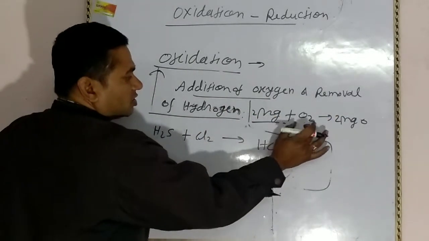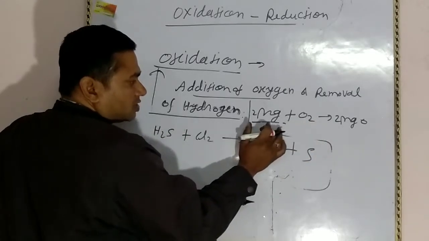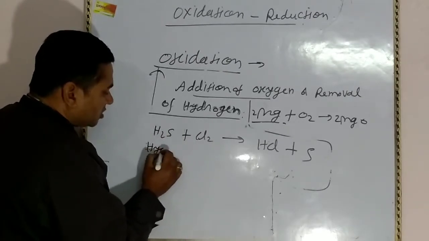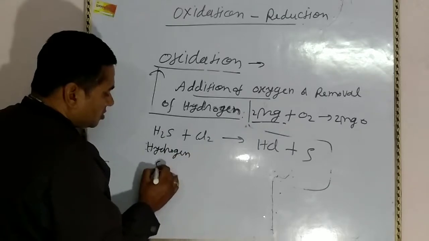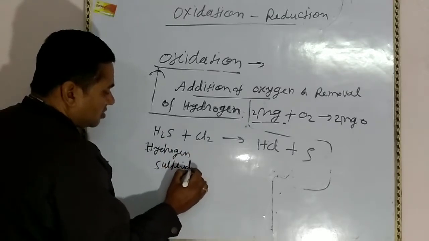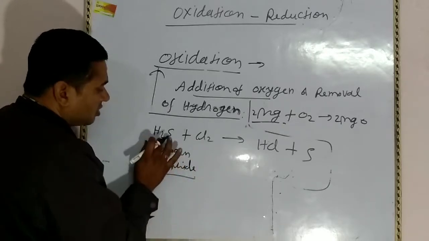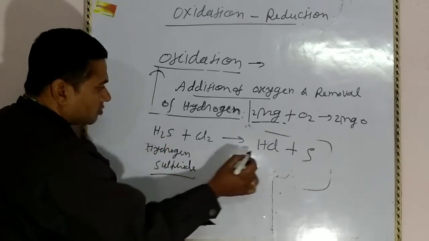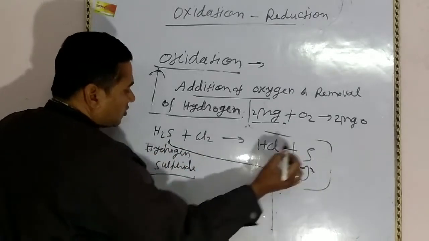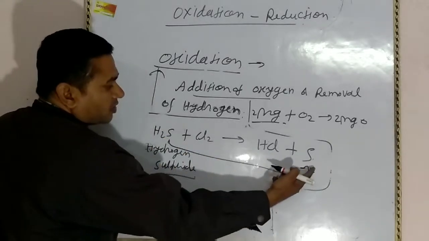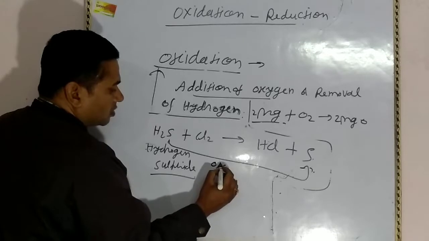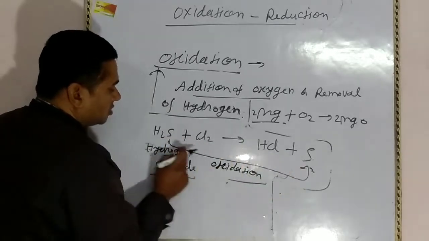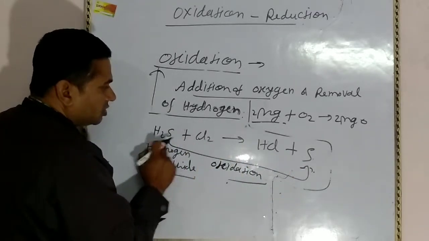In the earlier reaction oxygen is added to Mg, so this is oxidation, and here hydrogen is removed from hydrogen sulfide, which is a gas. Hydrogen is removed from hydrogen sulfide and it forms sulfur. So hydrogen sulfide is converted into sulfur. This is an oxidation reaction because hydrogen has been removed.